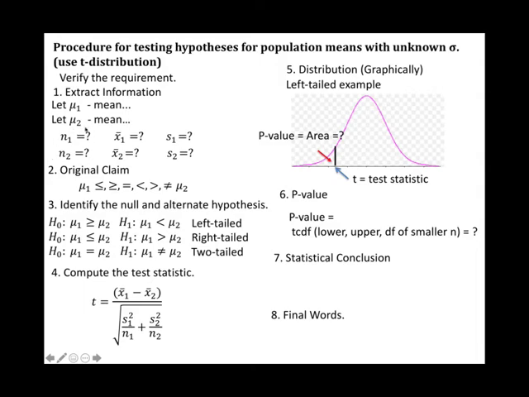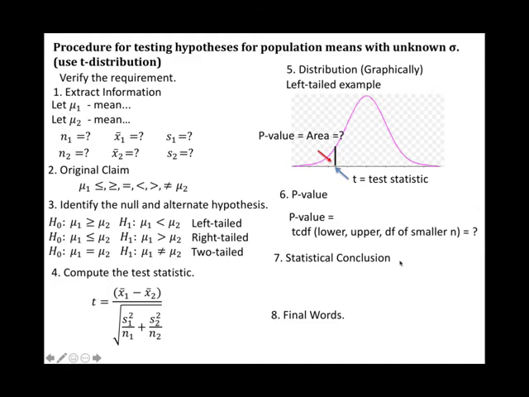If you guys use the calculator or some software program, they have a complicated formula to calculate the degrees of freedom. But from our book, we only use the degrees of freedom of the smaller n. So just look at which sample size is smaller, then you use n minus 1.